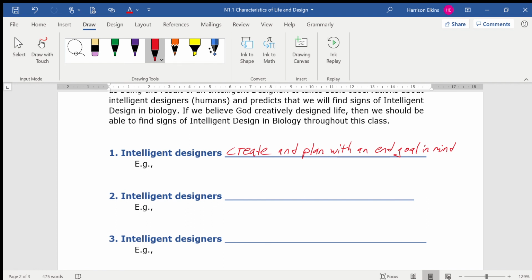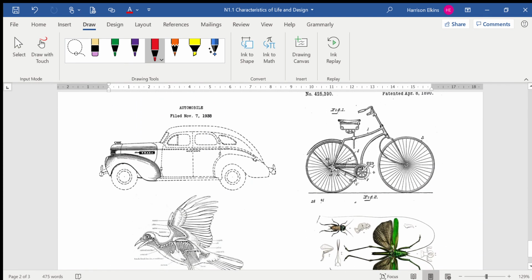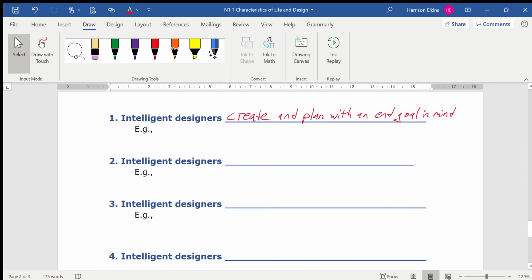Or if you're assembling a car, you know what it's going to look like. Here we've got a car. You've got to have the final plan in place first. You create a blueprint, an outline like this, so you know what's going into the design. You always create and plan with an end goal in mind.